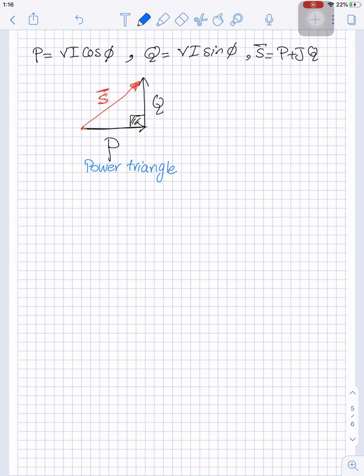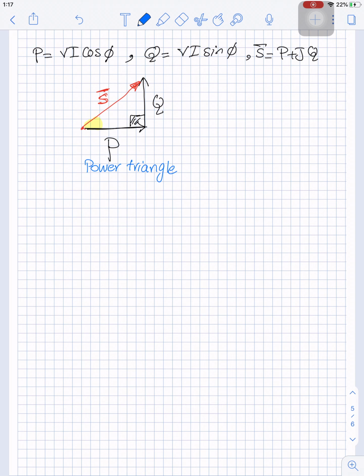The power triangle is a triangle that represents the relation between the different types of powers we have. So we have P horizontal or real, and then we add jQ, or Q at 90 degrees, so we get S complex. Now, what is this angle here?